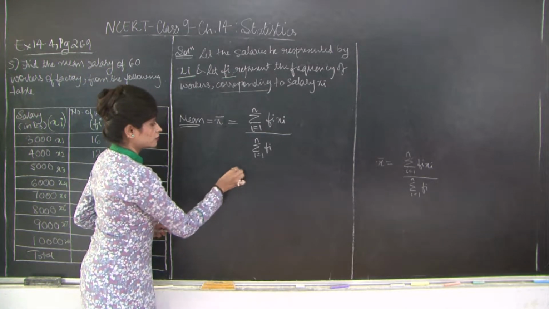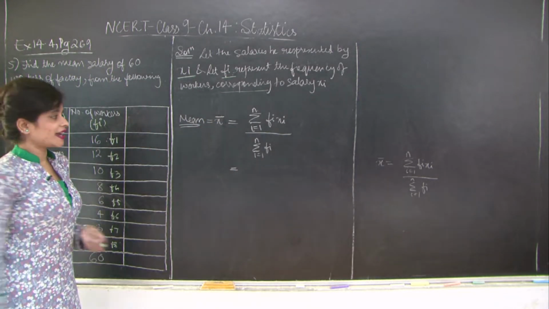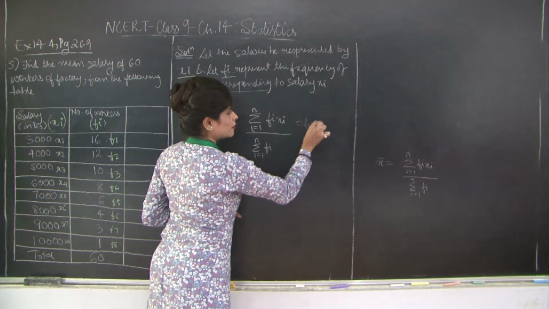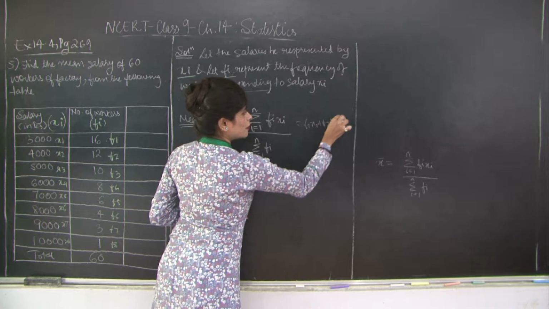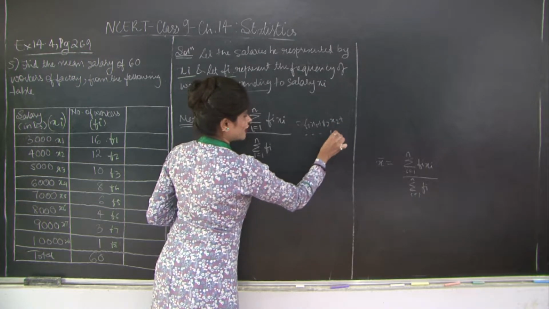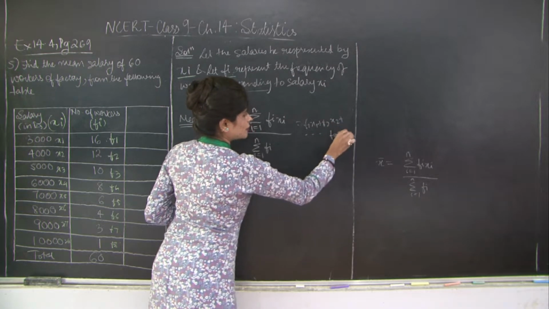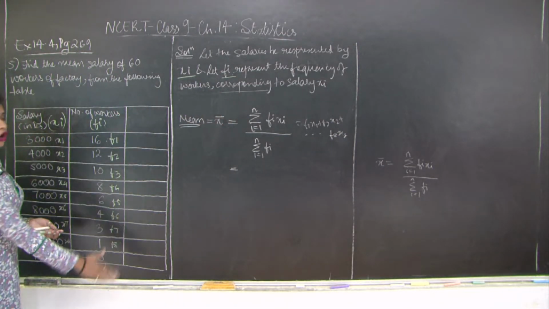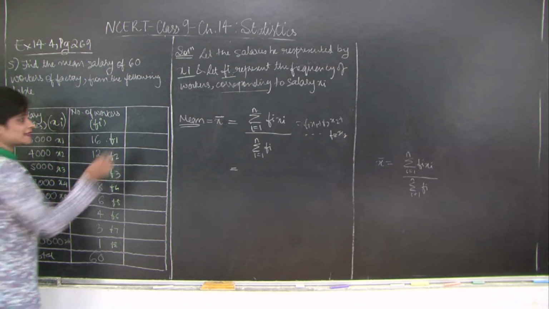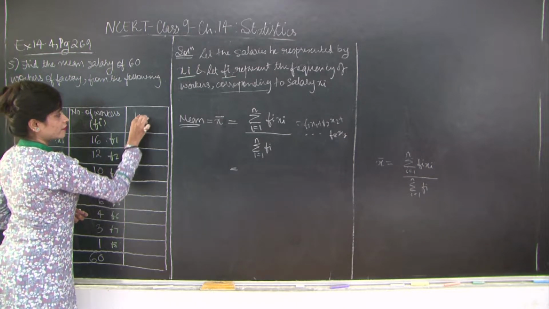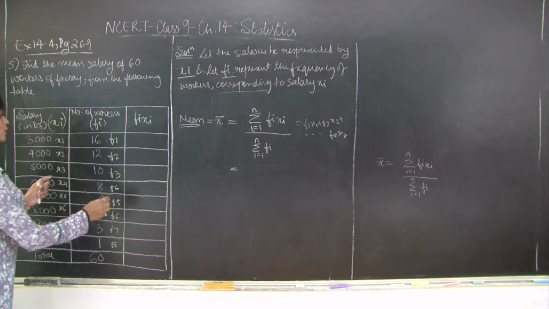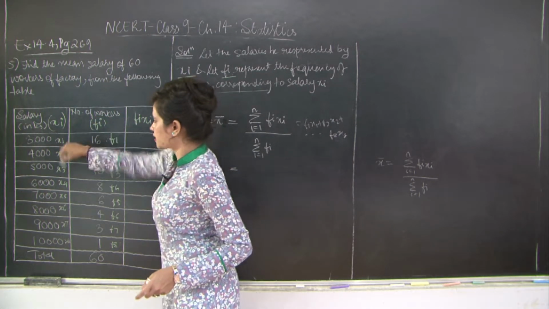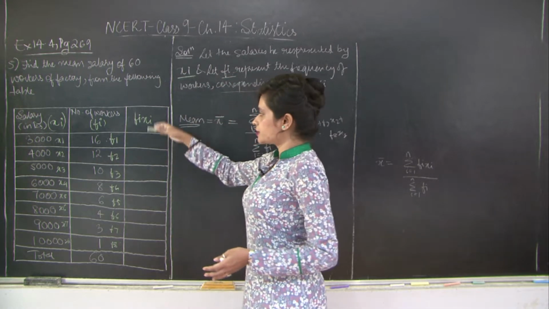So now summation of fi xi means nothing but f1 x1 plus f2 x2 plus up to f8 x8, because we have until 8 entries, right? So now this third column will stand for fi xi, which is nothing but f1 x1, f2 x2, f3 x3, their corresponding entries in this column.